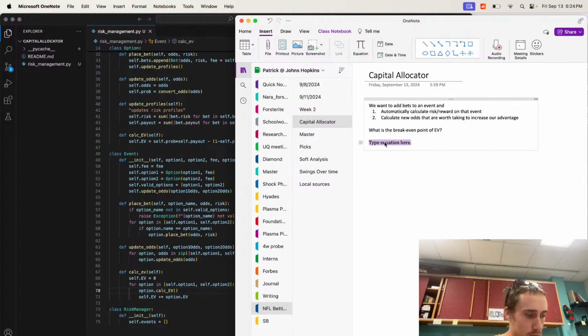Alright, so prob win times probability of bet 1 winning times bet 1 risk.